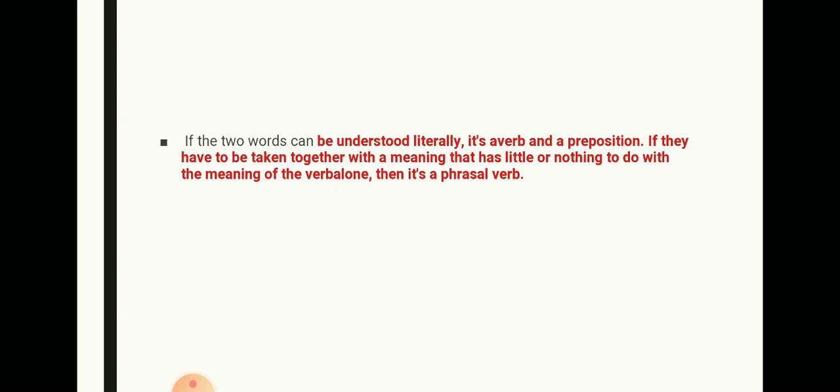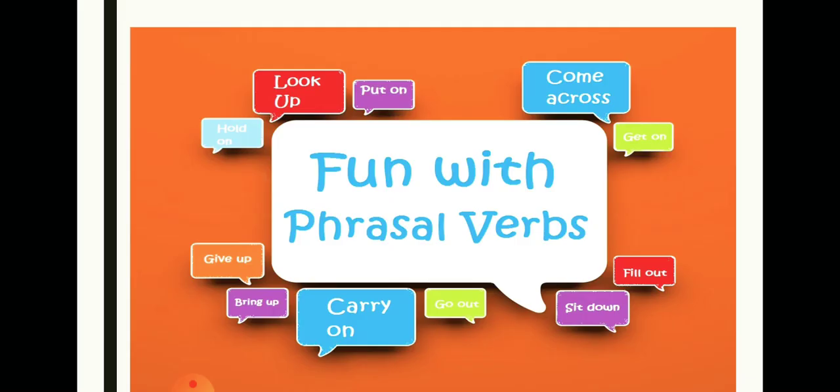And if they have to be taken together with a meaning that has little or nothing to do with the meaning of the words alone, then it's a phrasal verb. So we have look up and put on. If we take the individual meanings of look and up, it means to raise your eyes and see what is up.